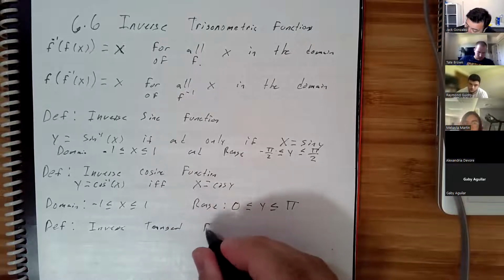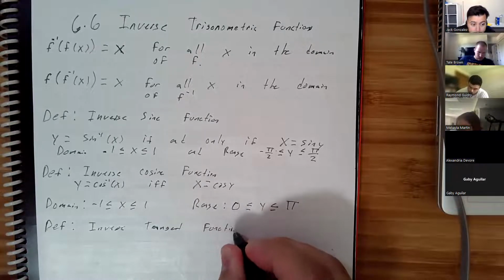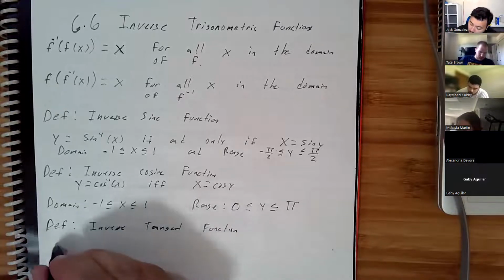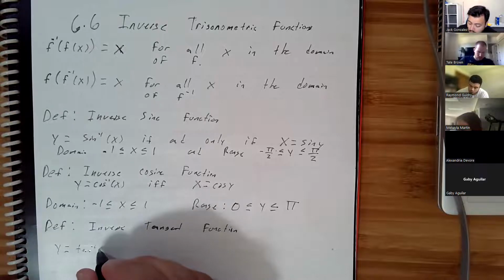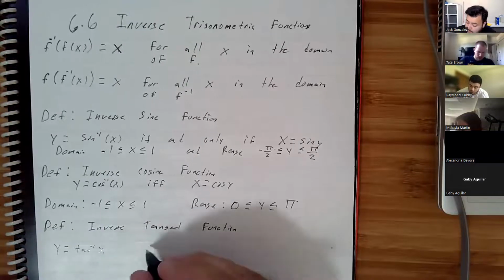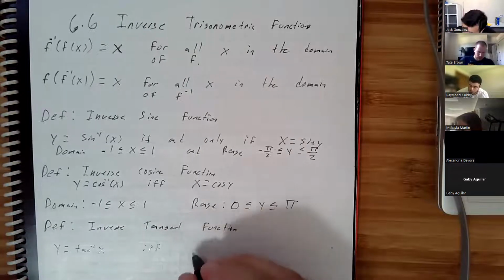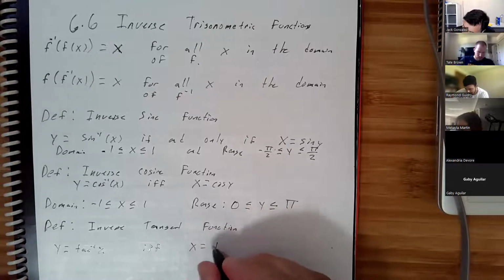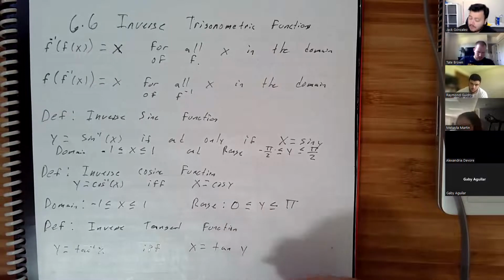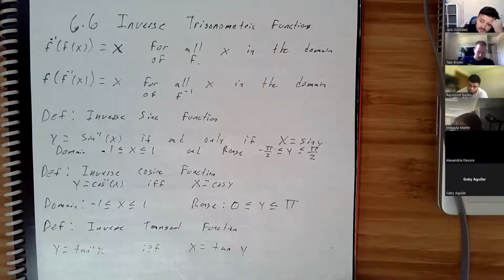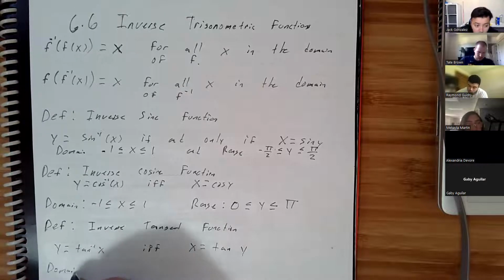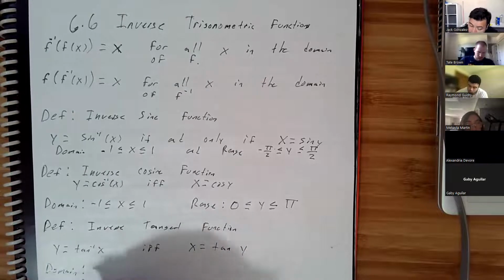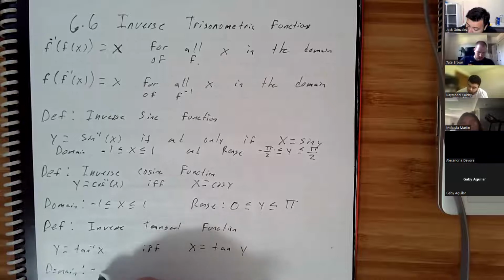So here's tangent. y is equal to tan inverse of x if and only if x is equal to tan y. If you prefer to use arctan instead of tan inverse, that's fine with me. It's just a different symbol, that's all.